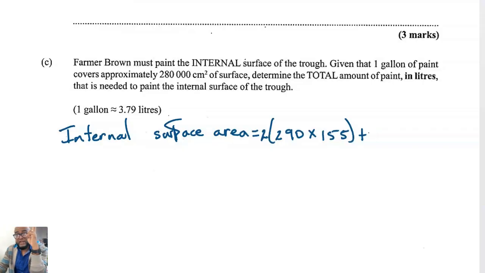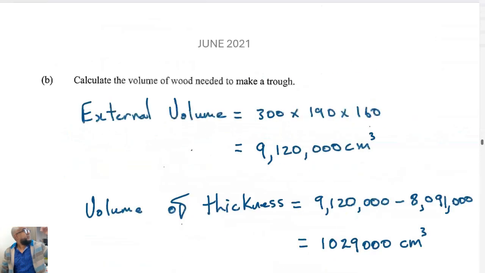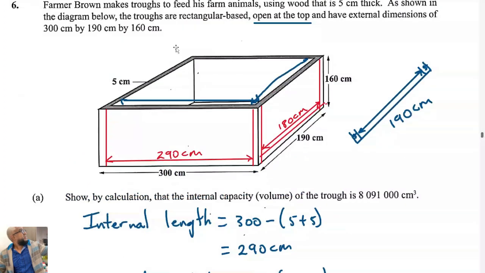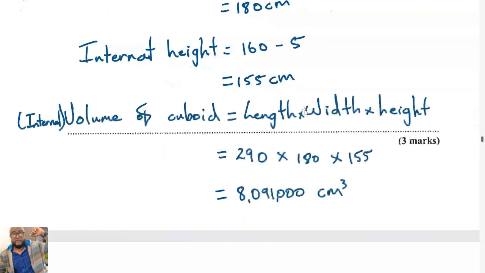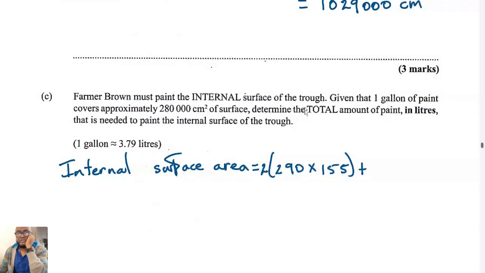You have 2 more rectangles on this side, on the inside, and well, this one on the inside here. So that'll be 180 by 155. So there we go. It's 2 of that, right? 2 by 180 by 155. And then the last one, which is the base.